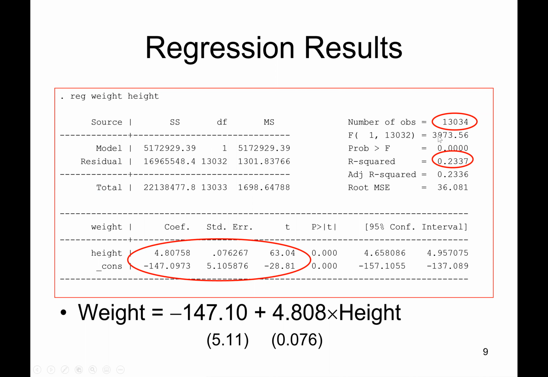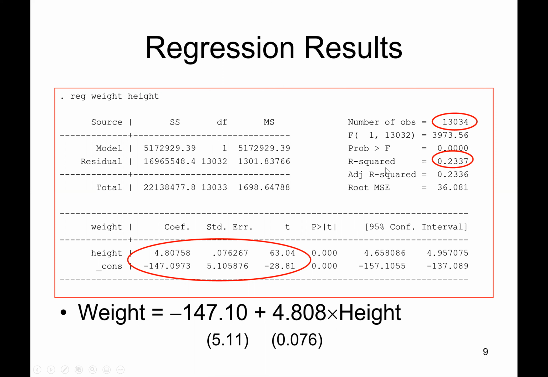It gives us this extremely large number, and the probability associated with this F statistic is effectively 0, a very, very small number. What this means is that our model matters at least a little bit, in that height is at least something of a predictor of weight.